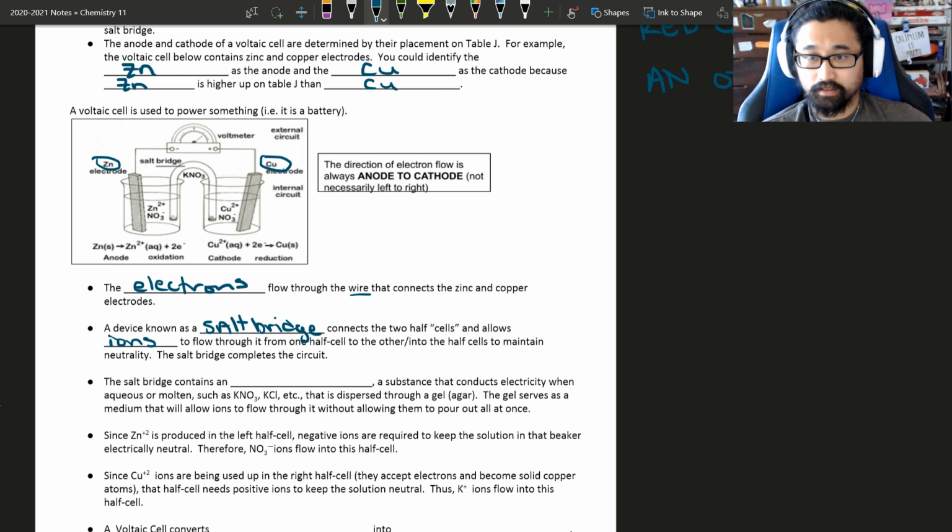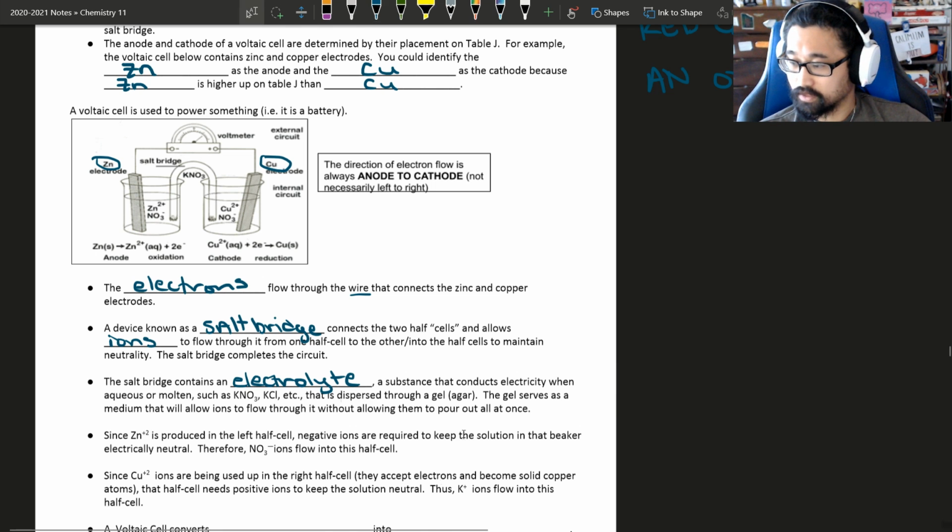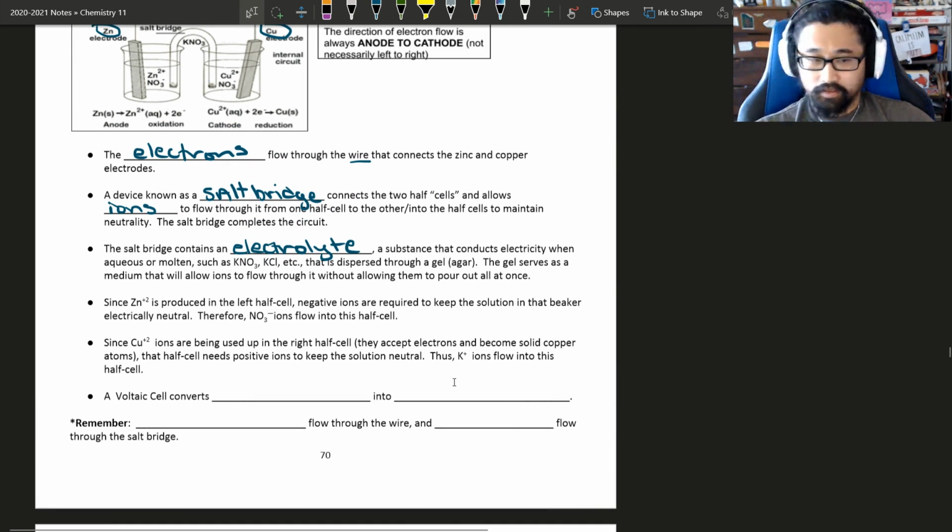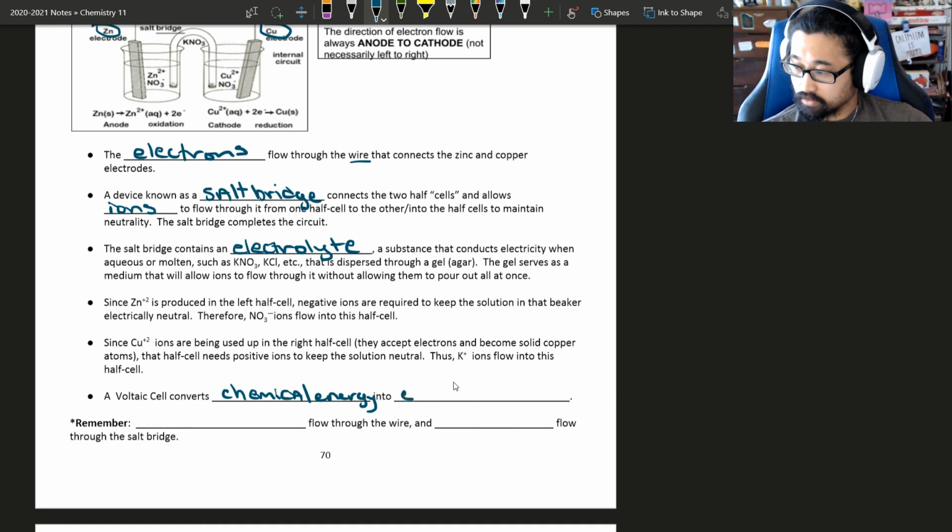It's something that allows salt to move through it, salt being made up of ions. The salt bridge contains an electrolyte, which again is a fancy word for a salt. Not necessarily table salt, it's just salt. The big deal with a voltaic cell is that it converts chemical energy into electrical energy.